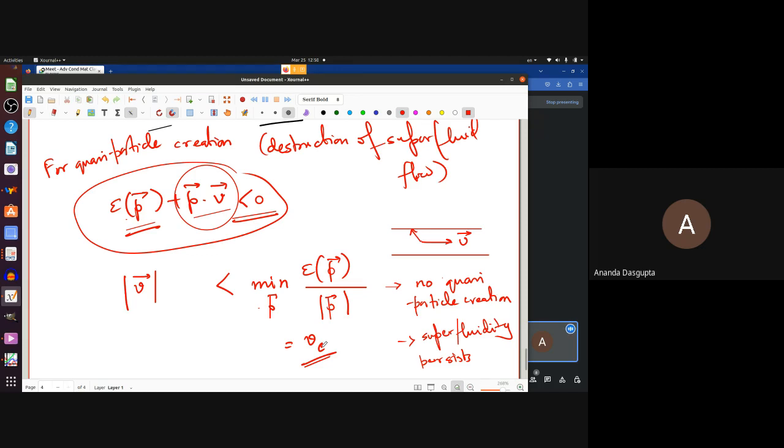If, on the other hand, the velocity exceeds Vc, then it will be possible for some values of p to produce some quasi-particles by excitation, and therefore you will begin to introduce damping. You will not have only superfluid, you will also have non-superfluid in the mixture. Is this part clear?